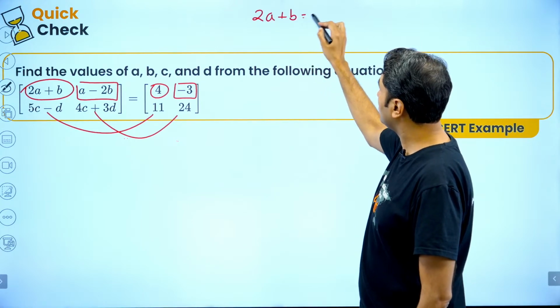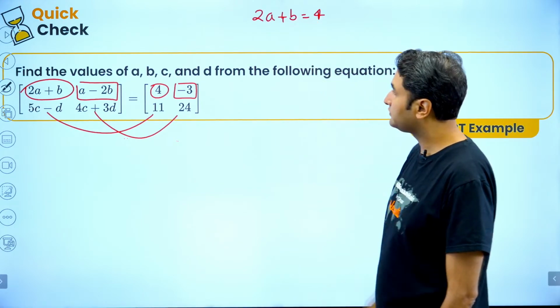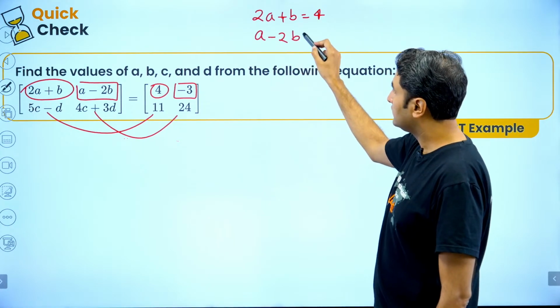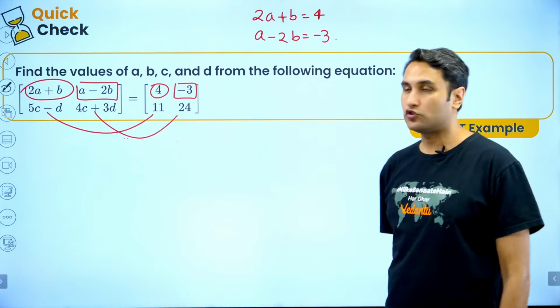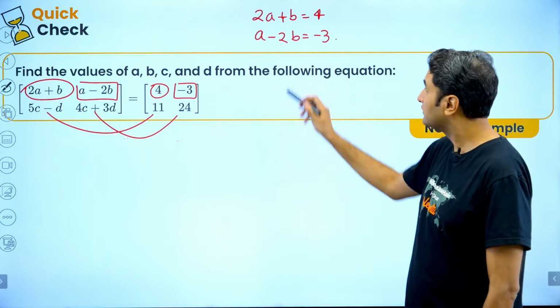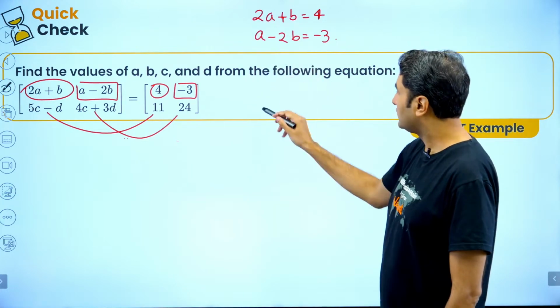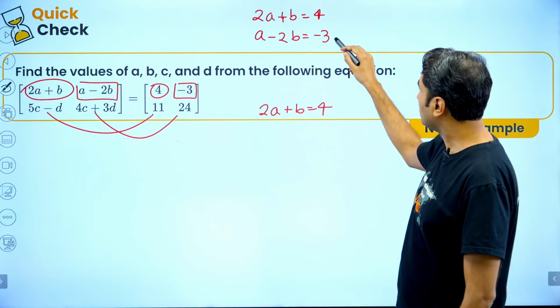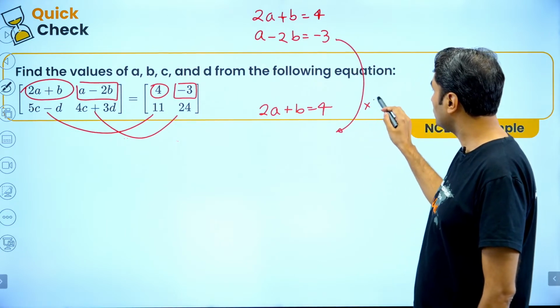2a plus b is equal to 4, equation 1, and a minus 2b is equal to minus 3. Can you solve these two corresponding equations? You can solve it, right? What you can do? Write down the first one, write down the second one multiplying by 2, right?